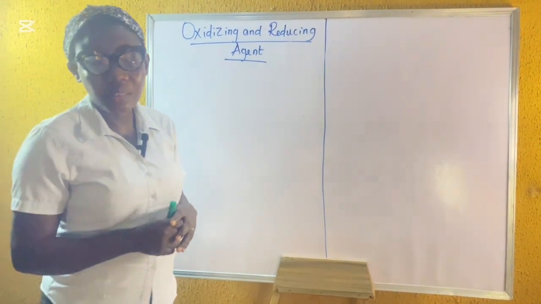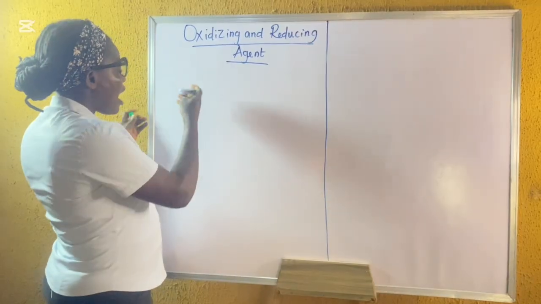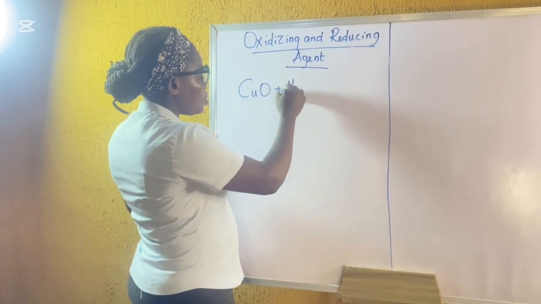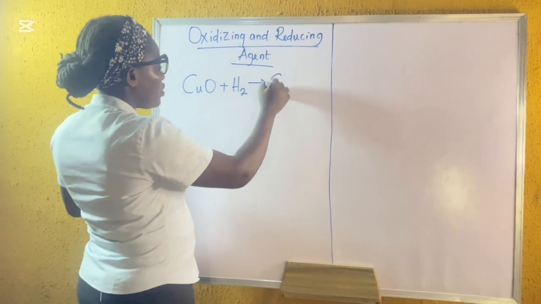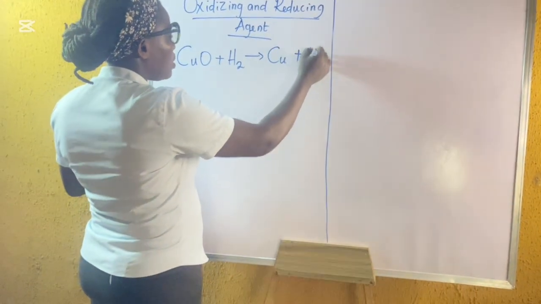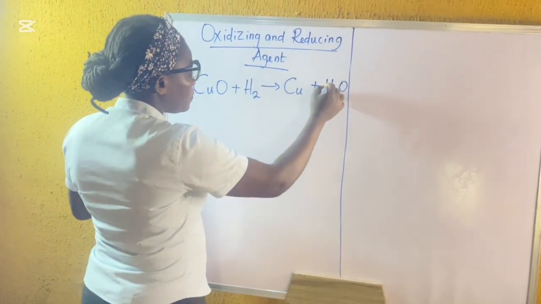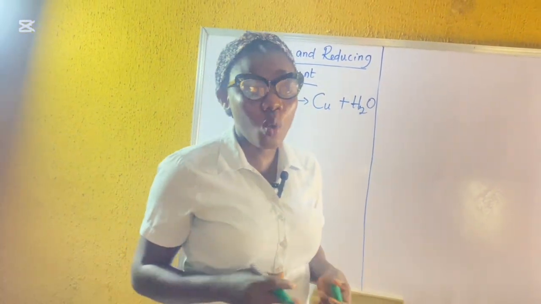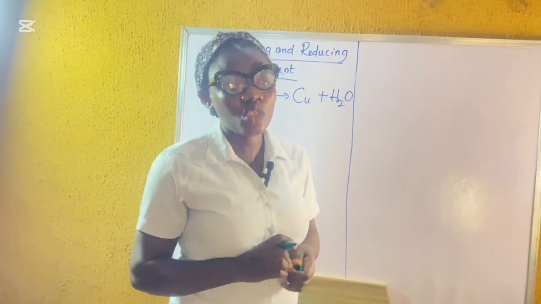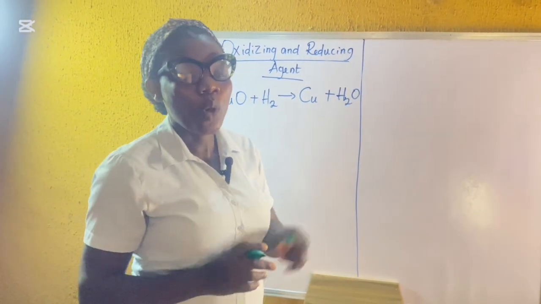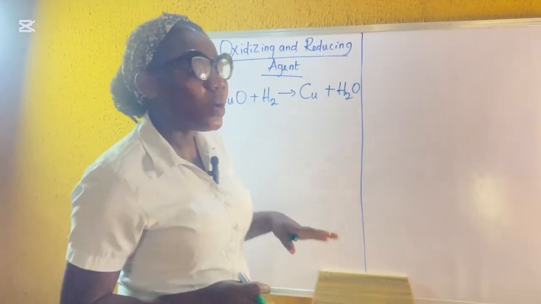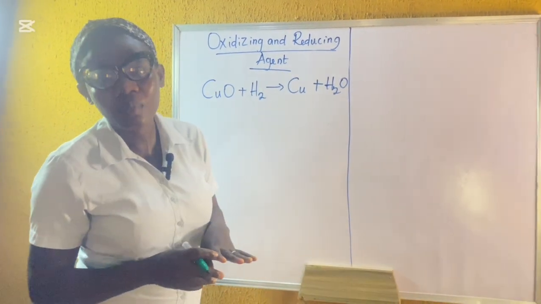Oxidizing agents. Now we have the reaction CuO plus H2 to give Cu plus H2O. We have learned what oxidation is and what reduction is. Now, what is an oxidizing agent?